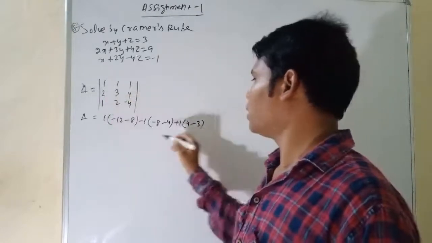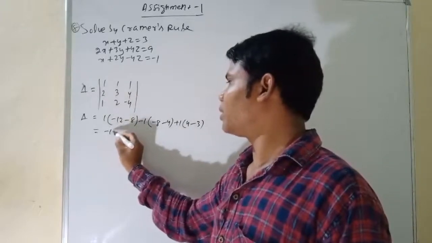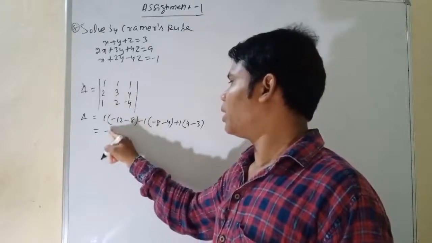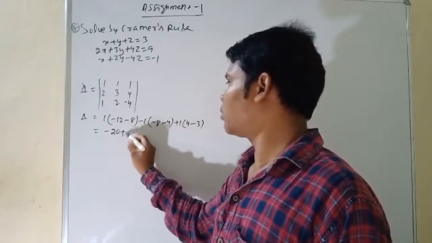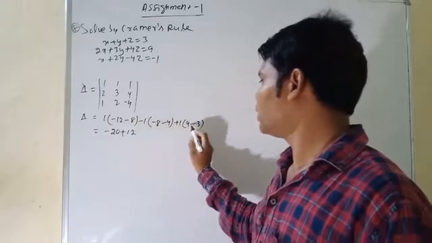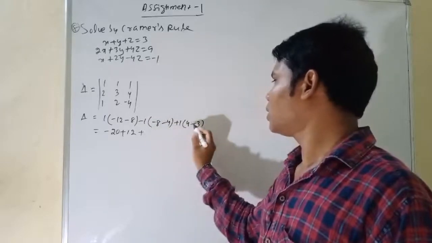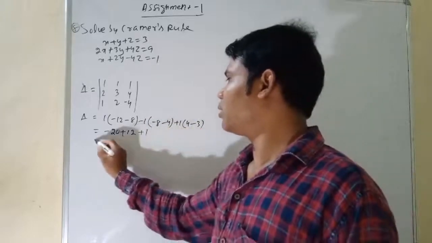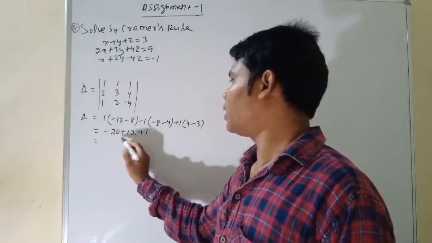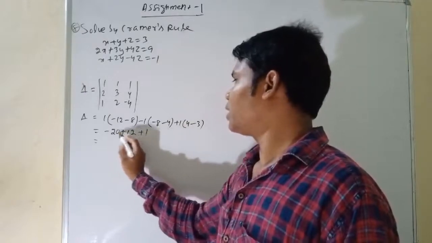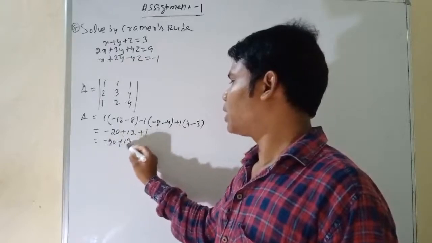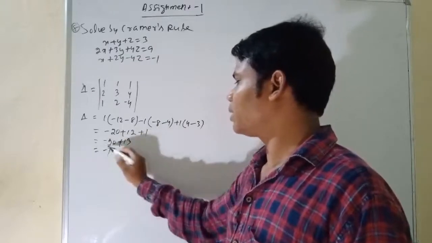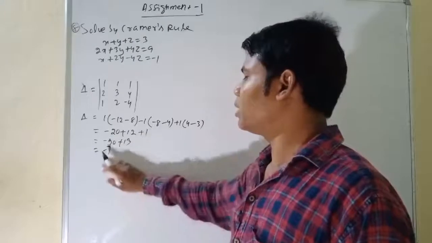This is minus 12 minus 8 plus 1 is equal to how much? Minus 20 plus 13 is equal to minus 7. So del is equal to minus 7.